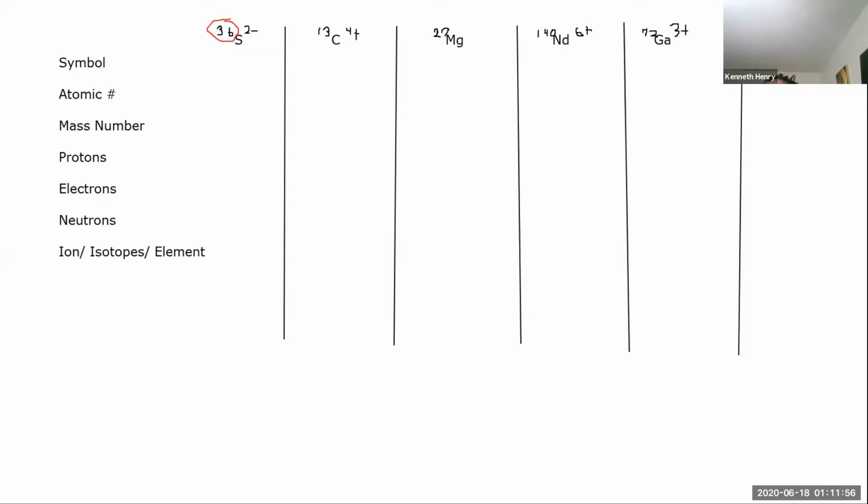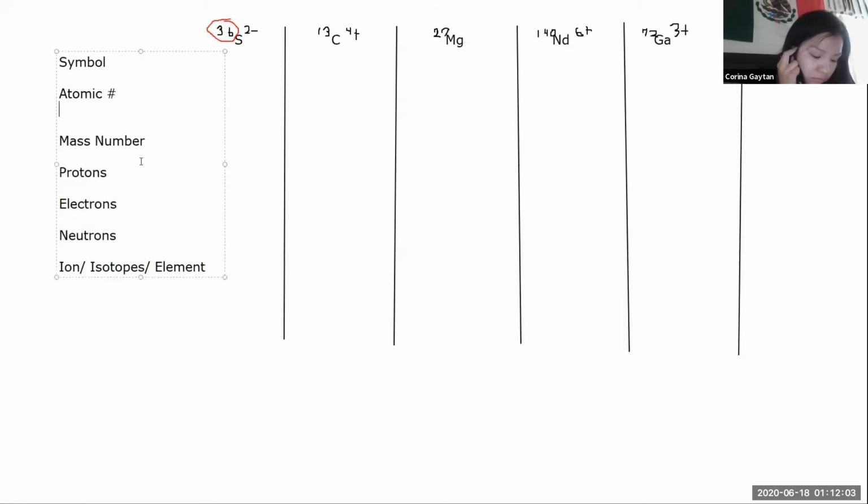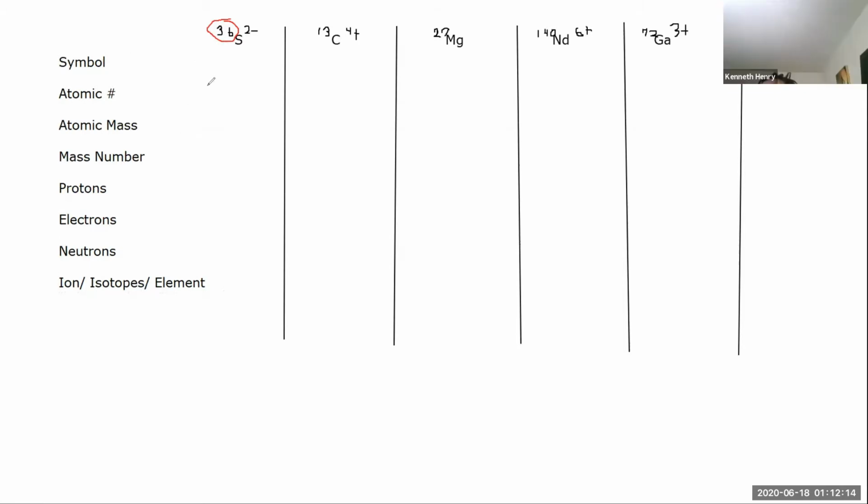Yes, the mass number. So it'd be 36. Got that. Thank you. Atomic mass. So it would be what did you say, David? Sorry, I interrupted and I said 36. I asked if it was 36 for atomic mass. Okay, so it's 36 for the atomic mass.